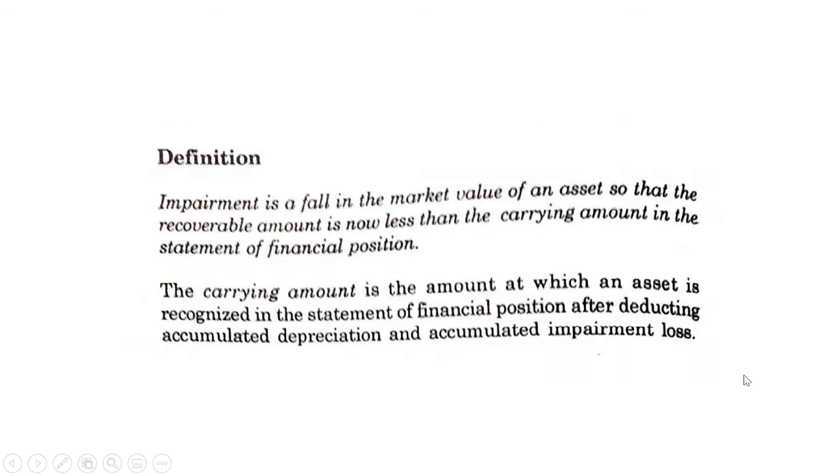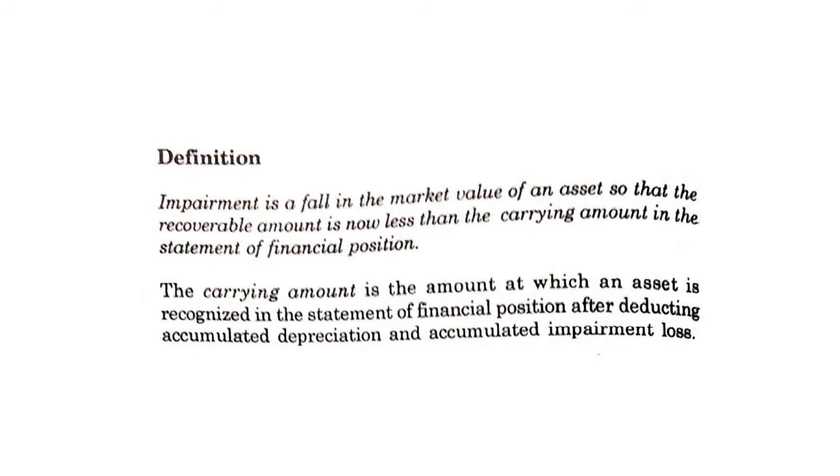Ang impairment, this is a fall in market value of an asset so that the recoverable amount is now less than the carrying amount in the statement of financial position. So, para siyang kabaliktaran ng revaluation surplus.